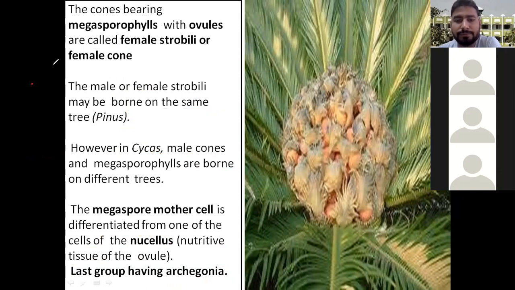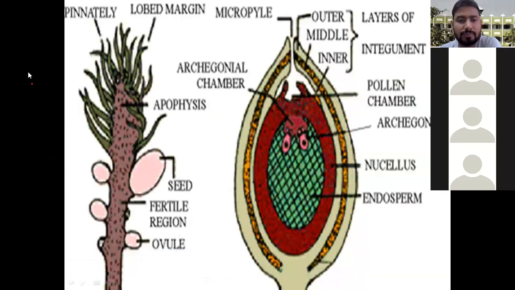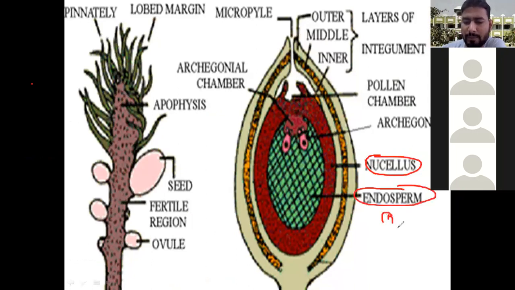Then one more. This is the structure of the megasporangium. Clear? Archegonial chamber and the pollen chamber. So archegonium, nucellus. This is the structure of the megasporangium, the nucellus being nutritive tissue. The endosperm, I told, will be haploid, because it forms before fertilization.